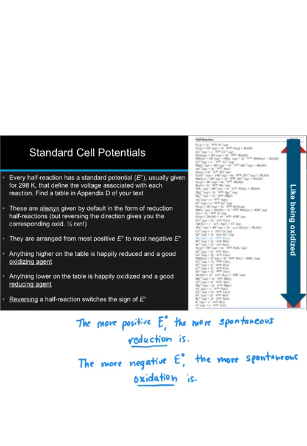Thus, because oxidation occurs at an anode and all of these cell potentials are given by default as reduction potentials, the overall cell potential for something that contains both an anode where oxidation happens and a cathode where reduction happens is given as the potential associated with our cathode.